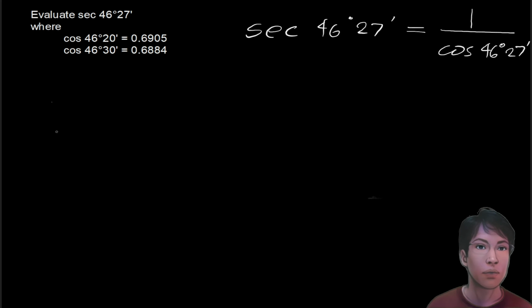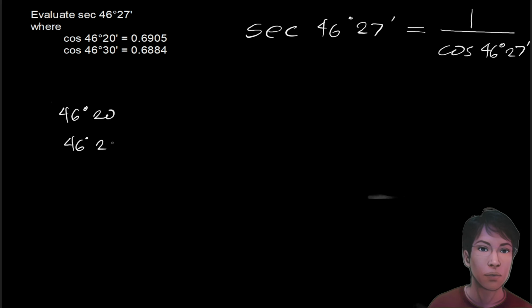So we write 46 degrees 20 minutes, and then 46 degrees 27 minutes, and then 46 degrees 30 minutes.